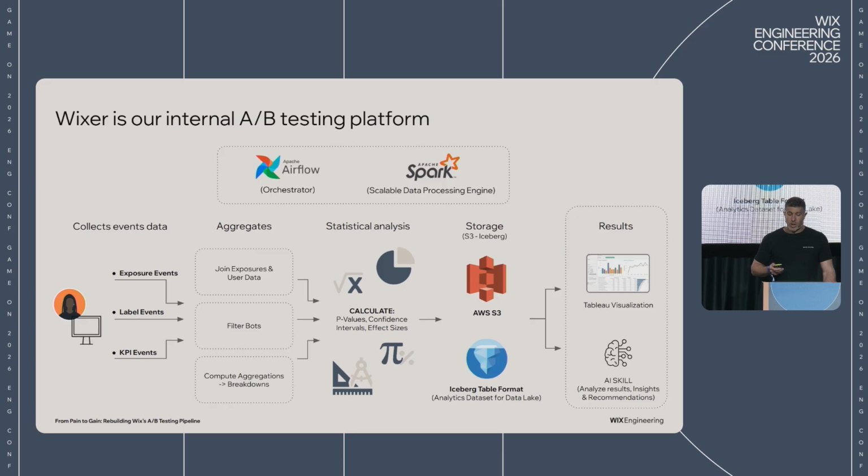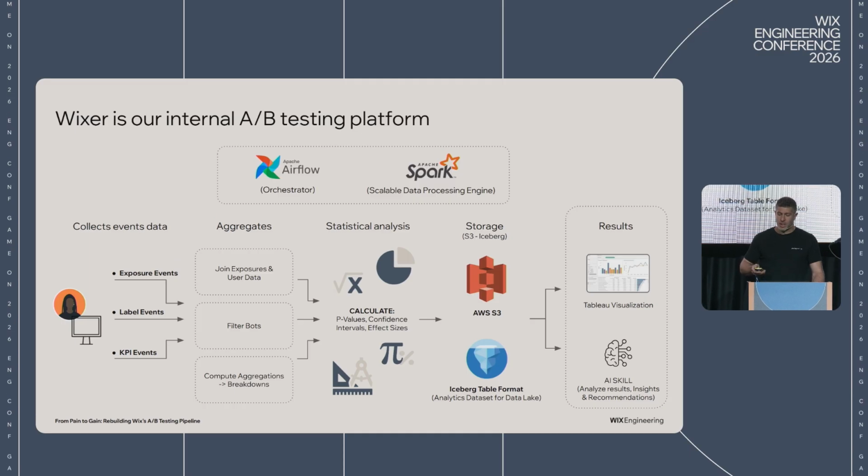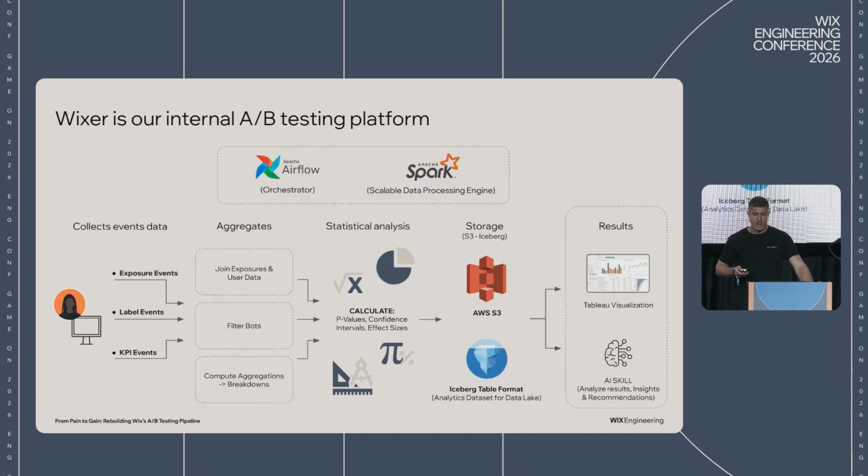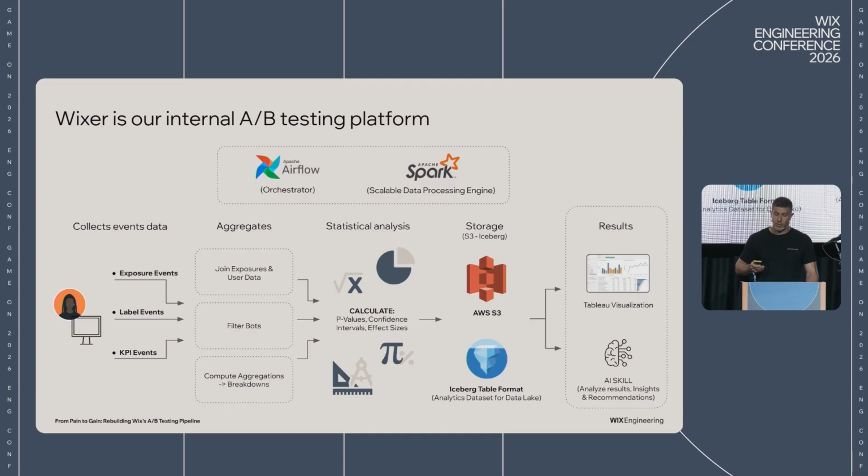The results are also available in Tableau, providing convenient visibility across all experiments in one place. And on top of the final result, we added an AI skill that analyzes experiment results and provides insights and recommendations to our users. And all these pipelines run on a daily basis for all active experiments in parallel.